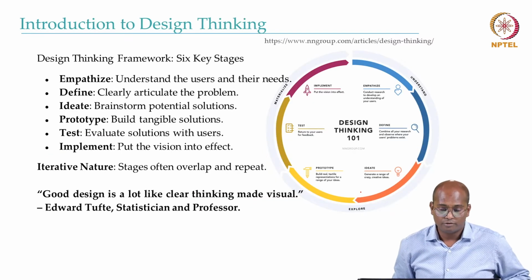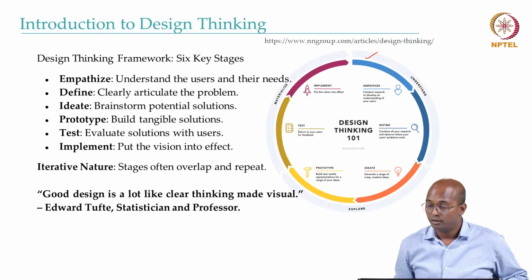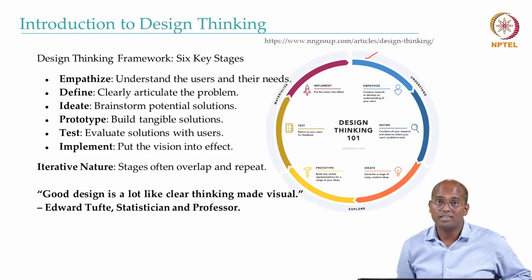So design thinking framework primarily has 6 key stages. That is something you can see here. The first stage is called empathize. It aims to understand the users and their needs, because unless you understand the need of the user, we can't design a system or build a system which will be useful or usable.